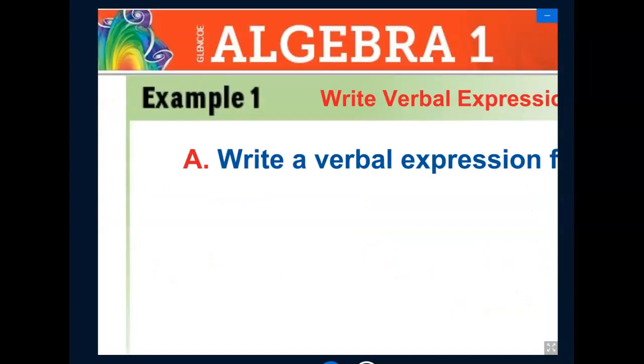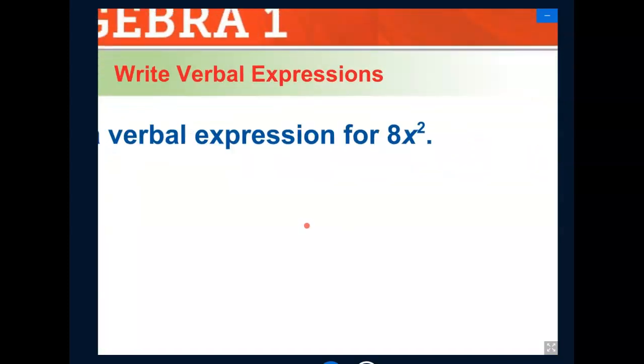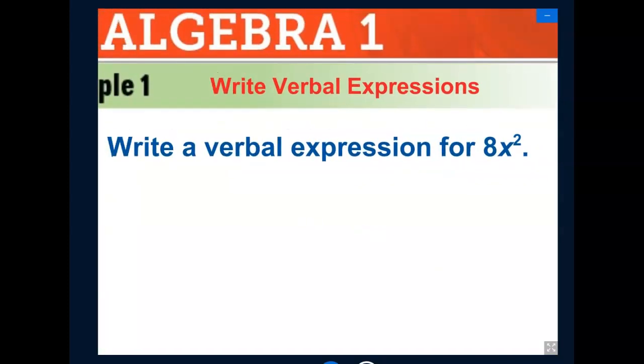All right, next example. Write an expression that is verbally able to tell me what 8x squared means. When it says write a verbal expression, all I want you to do is put that into words.